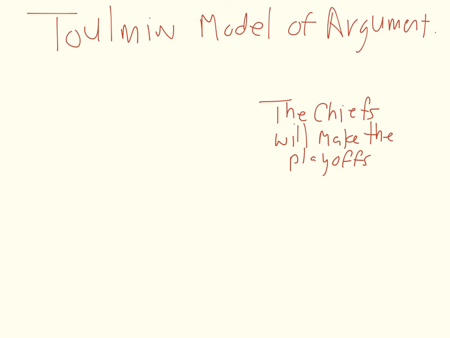So that's simple. So we will call this box the claim. And a claim is basically the general statement or assertion. All right? So my claim is the Chiefs will make the playoffs this year. That's a claim. It's the assertion, it's the takeaway belief, it's the thing I want to say, essentially.